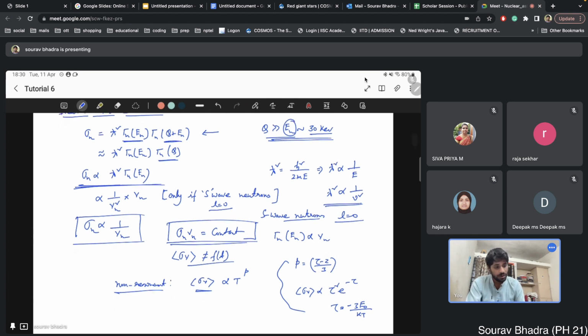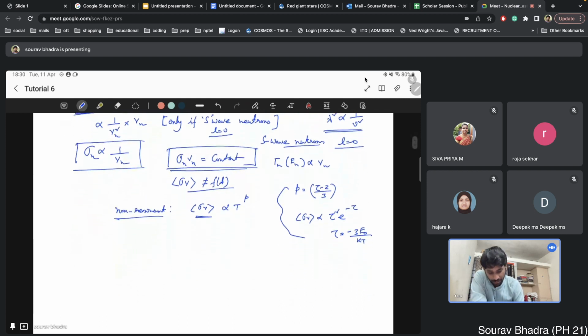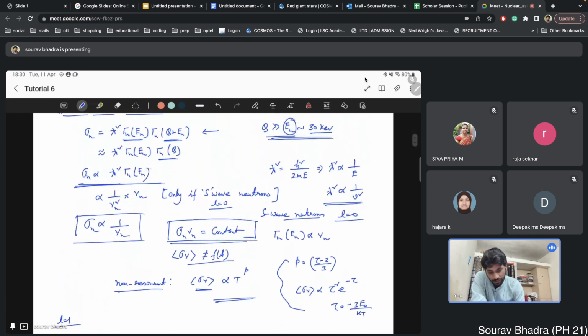Now, if your L equals 1, suppose, up to this point what I told you was for L equals 0. Now, if your L is 1, that is sigma L for non-zero L, the dependency will be the same: sigma n as lambda square gamma n.